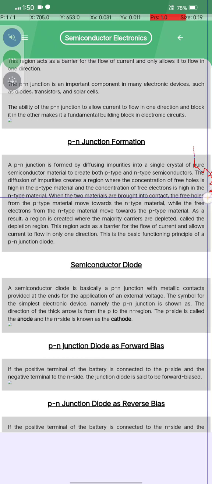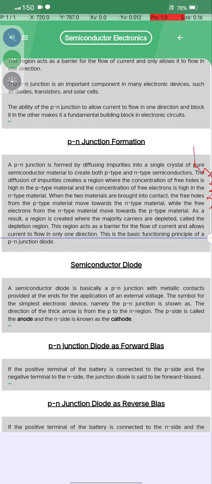When the two materials are brought into contact, free holes from the P-type material move towards the N material, while free electrons from the N-type material move towards the P material. As a result, a region is created where the majority carriers are depleted, called the depletion region, and this region acts as a barrier to the flow of current and allows current flow in one direction. This is the basic functioning principle of a p-n junction diode.